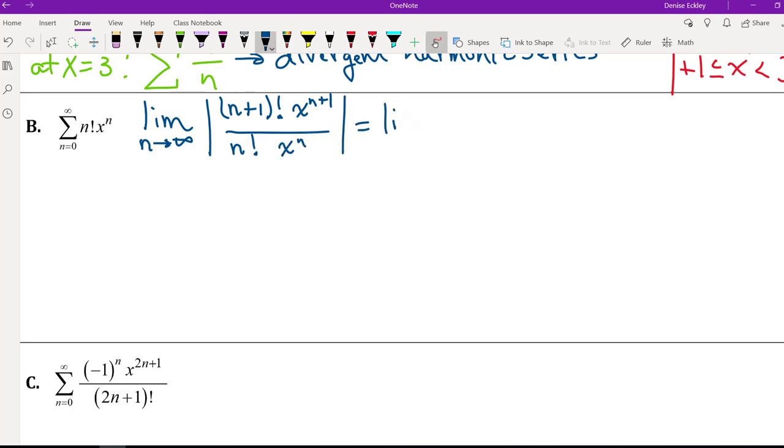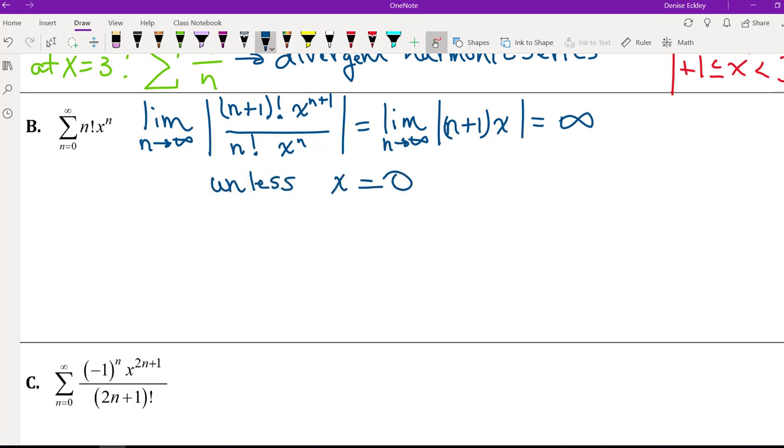And when we simplify that, we are going to get the absolute value of n plus 1 times x. And so as n approaches infinity, so does this. And our only exception is going to be when x equals 0. Okay, so what we have is that the radius of convergence is only the center point.